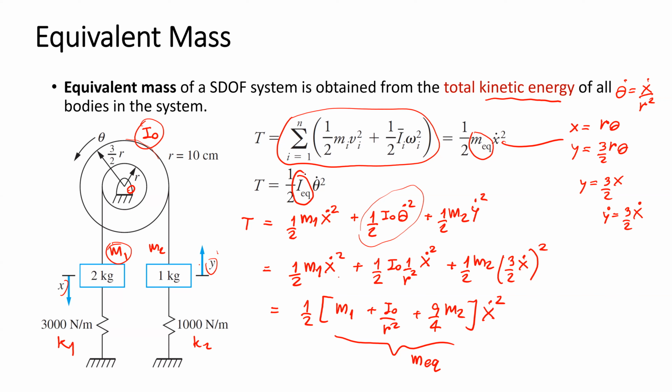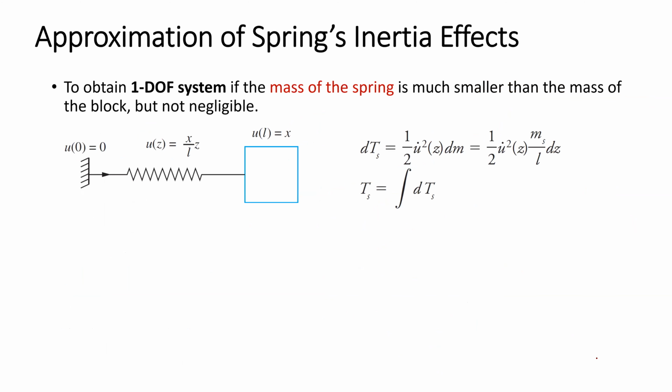We still use the same concept, but we just change the generalized coordinate from x to theta, and maybe you can try to obtain the equivalent moment of inertia by yourself. The last topic for today is what happens when the spring's mass cannot be neglected.